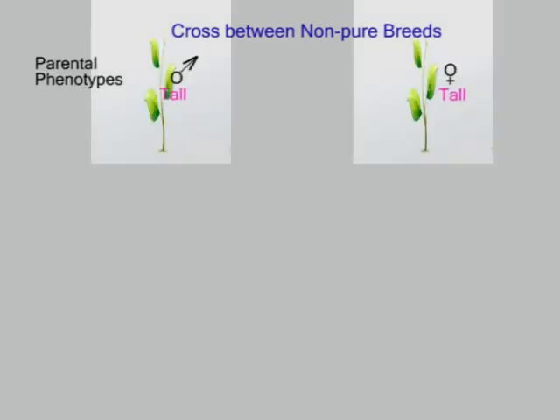So let's look at that genetic cross again. Now we take the F1 generation offsprings to be the parents in this cross. So parental phenotype, the male is tall, at least that is what it appears, and the female is also tall.